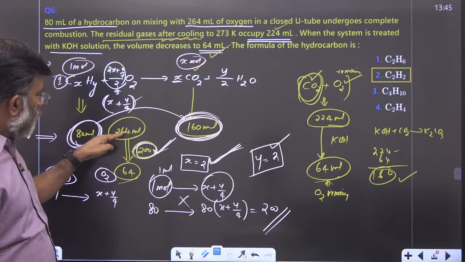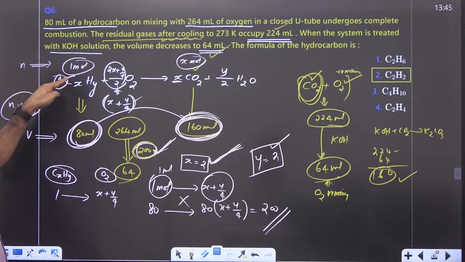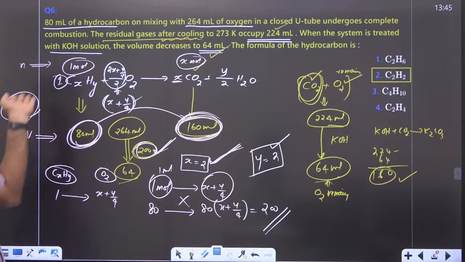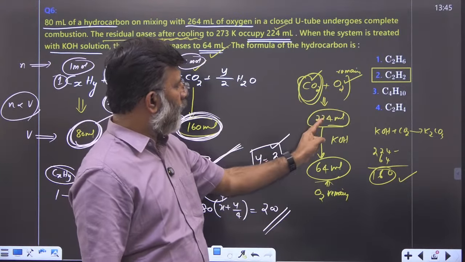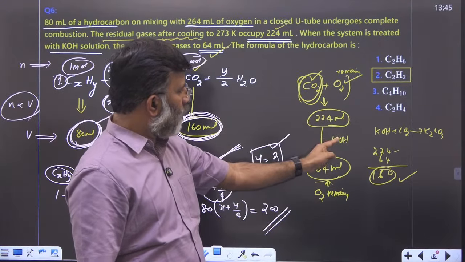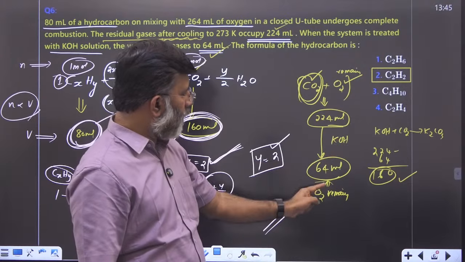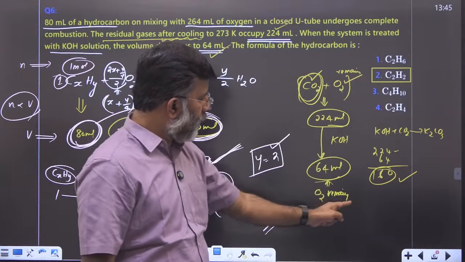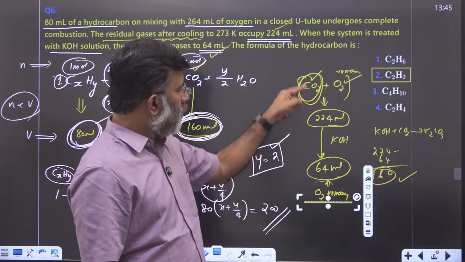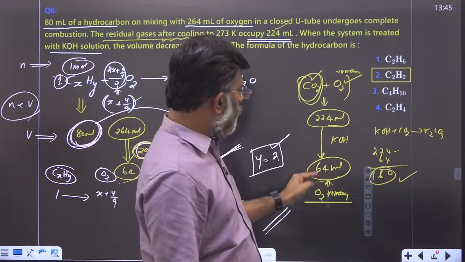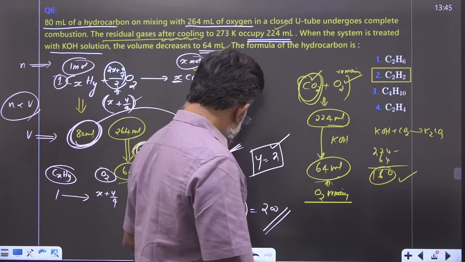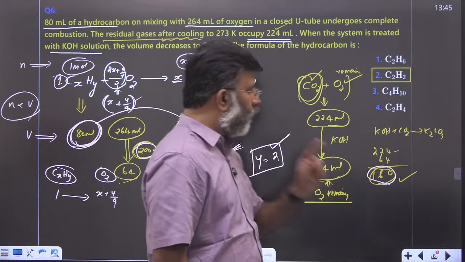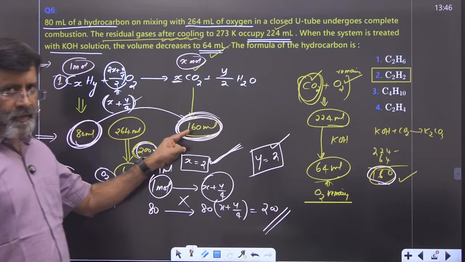Oxygen taken is 264 ml and the hydrocarbon taken is 80 ml. At the end, the total gases, CO2 formed and O2 remaining, are 224, and that is absorbed with KOH, and the final volume 64 is oxygen remaining. Therefore, CO2 absorbed by KOH will be 224 minus 64, 160. 160 is the CO2 formed.